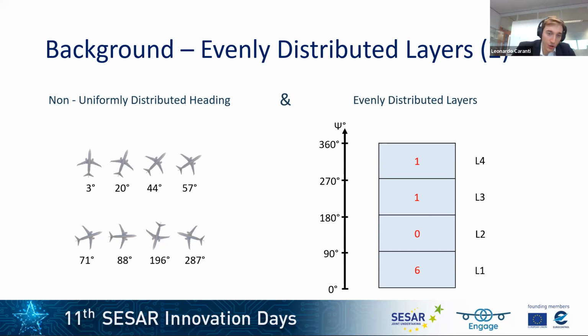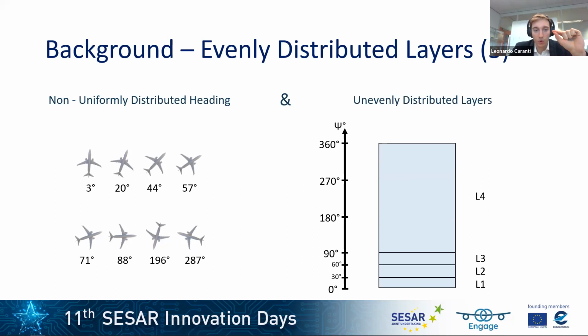An intuitive solution for this specific example would be to revise the layer concept and to change the assignment of each layer for the respective heading. One way to do this is the following. And as you can see already, now the number of aircraft per layer seems to be more intuitively optimal.